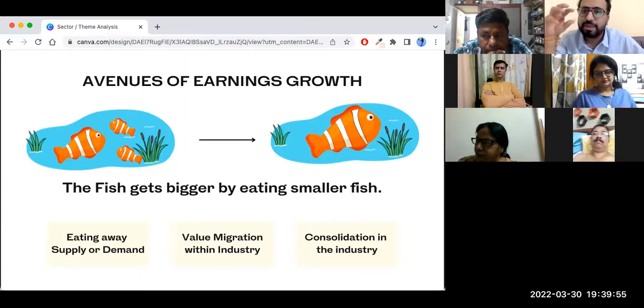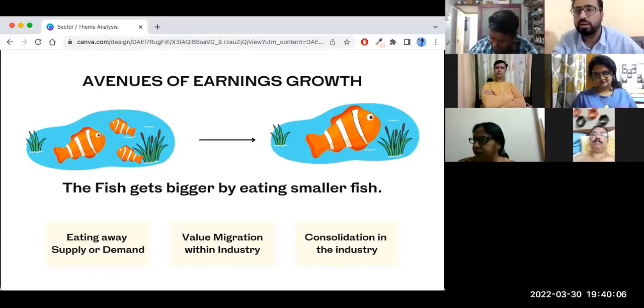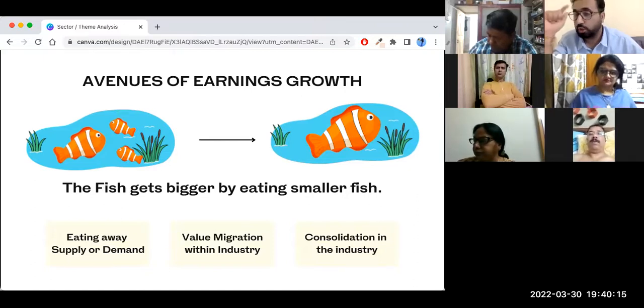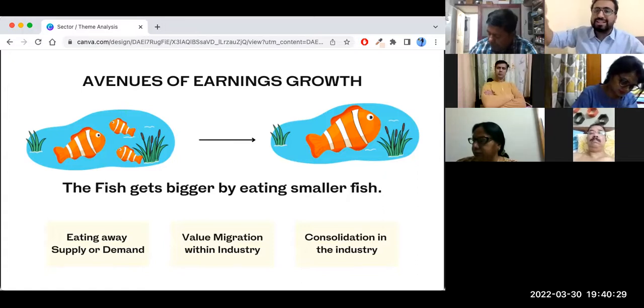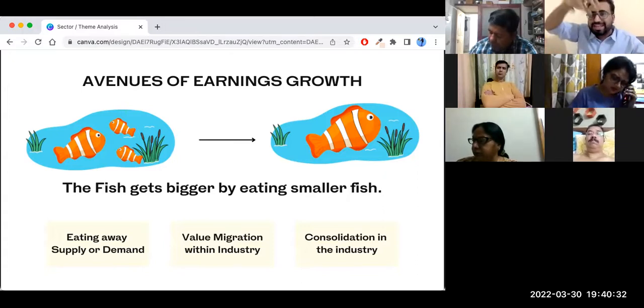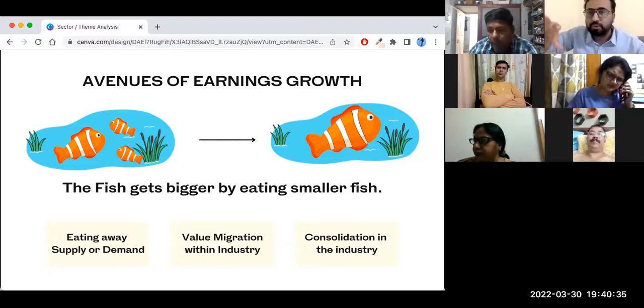Asian Paints has the largest network of retail shops where paint is sold, compared to any other paints company in the world. In fact, they are almost 3 times as big as Berger Paints. The number of shops is 3 times bigger than Berger Paints. They continue to increase their footprint. With that footprint, in each of the areas where you're expanding, you will eat away demand.